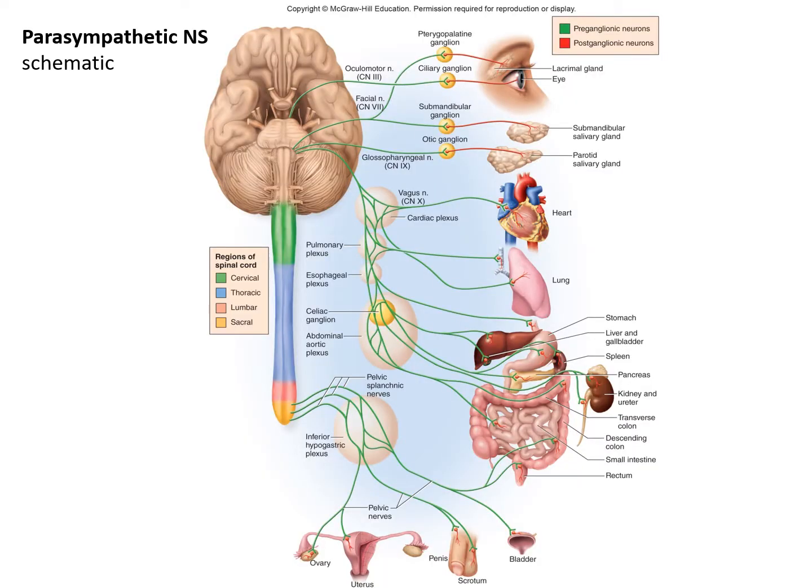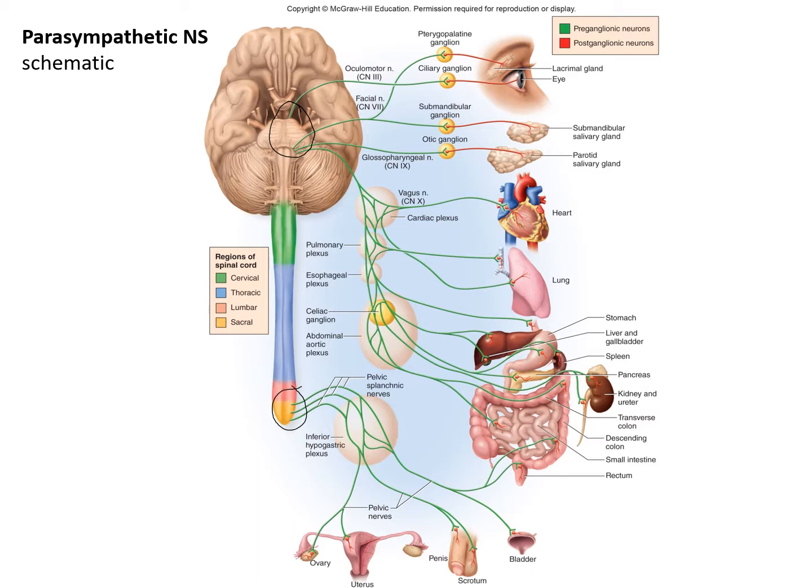So for the parasympathetic nervous system, again looking at a schematic, you're going to see craniosacral nerves involved rather than thoracolumbar. So you're going to see fibers within the brain as well as in the sacral region of the spinal cord.